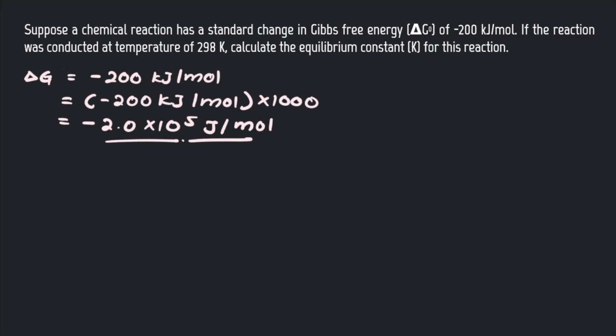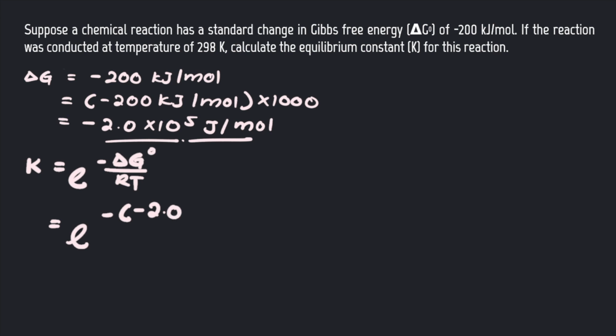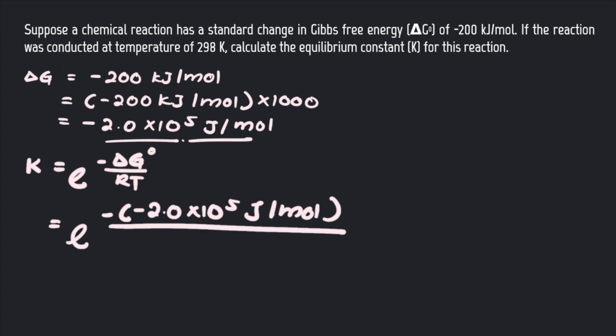Right now, we can start to calculate the equilibrium constant, which is K. So now we need to just put in the values over here. So -2.0 times 10 to the power of 5 joule per mole. Right, so you divide it with your gas constant. So for here, gas constant will be 8.314 joule per mole per Kelvin.